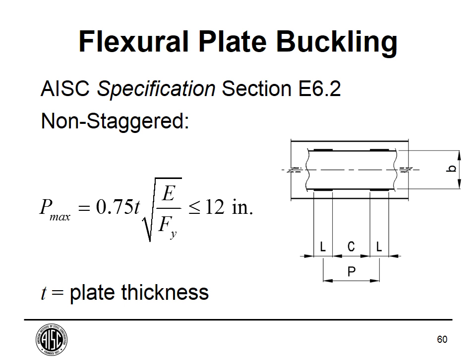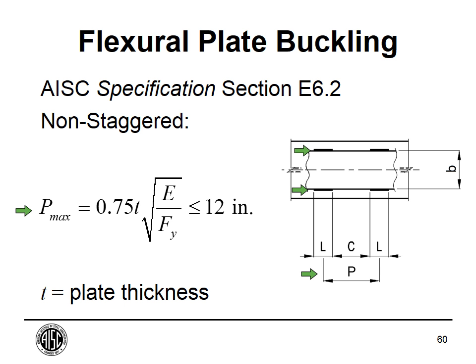Okay, first off, let's see what's in the specification. E6.2, which is for column design. For non-staggered stitch welds, let's take a look up here at the picture. I've got non-staggered stitch welds. One here and one here means non-staggered. There's some verbiage in section E6.2, and I just made an equation here out of the verbiage. So our maximum P, which is shown here, that's the distance between the center of the stitch welds.